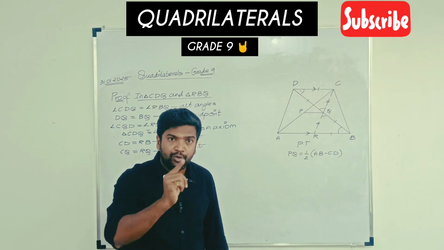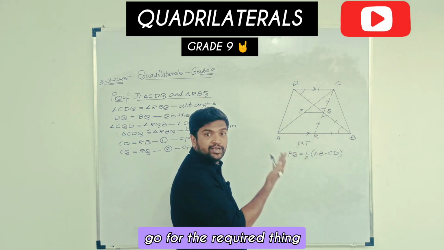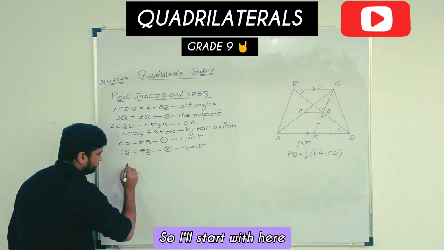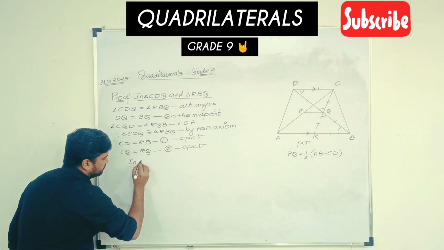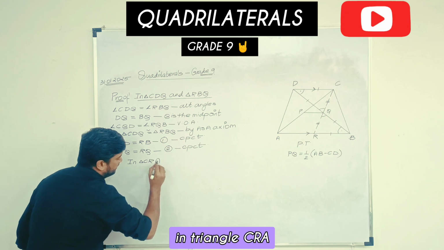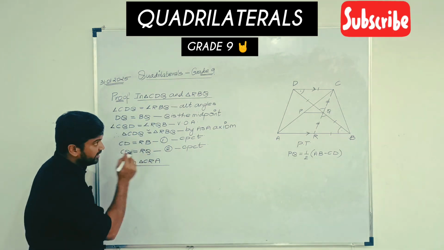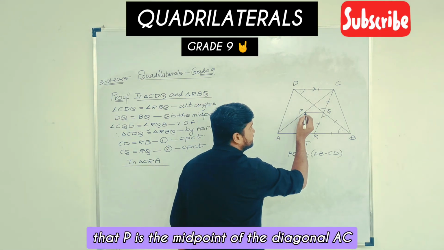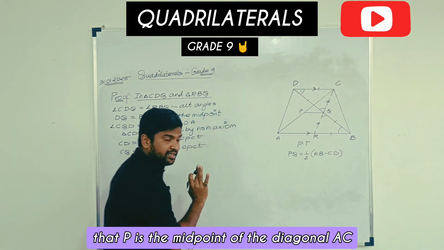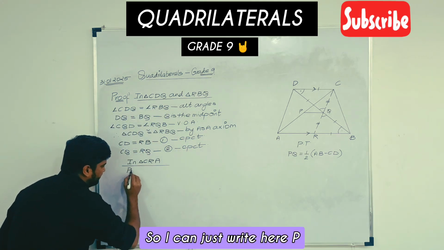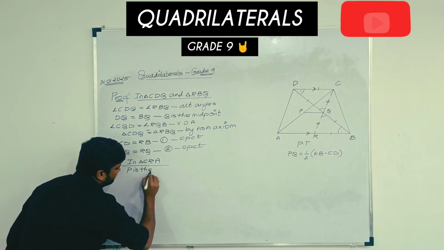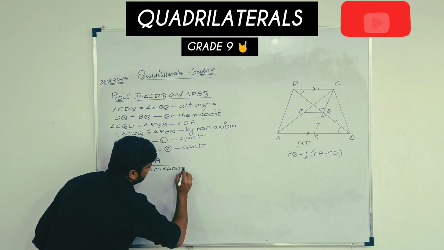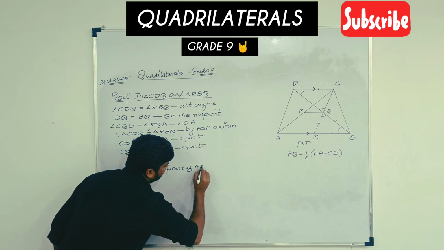You will understand shortly. Now do one thing, go for the required thing. So triangle CRA. Okay, so I'll start here. In triangle CRA, I'll underline that. Okay, in triangle CRA, it was given in the question that P is the midpoint of the diagonal AC. So I can just write here P is the midpoint of AC.